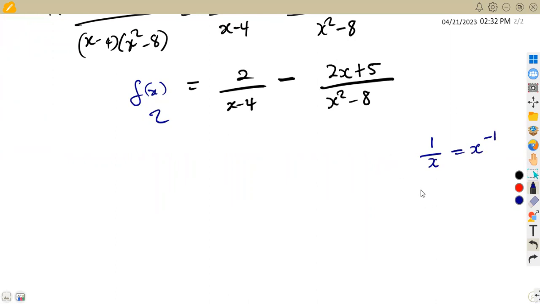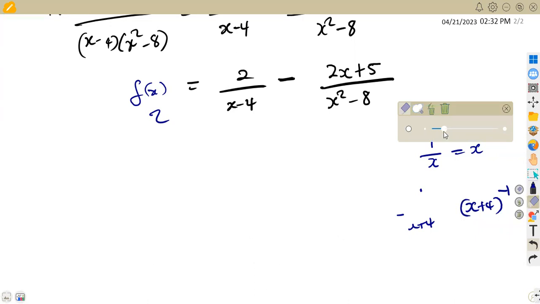Even 1 over x plus 4 can be written as x plus 4, everything to the exponent of -1. Whether it's a linear expression or a quadratic expression, we can change this into a bracket of a certain exponent. That is the idea that we are going to have from the partial fractions that you're given.